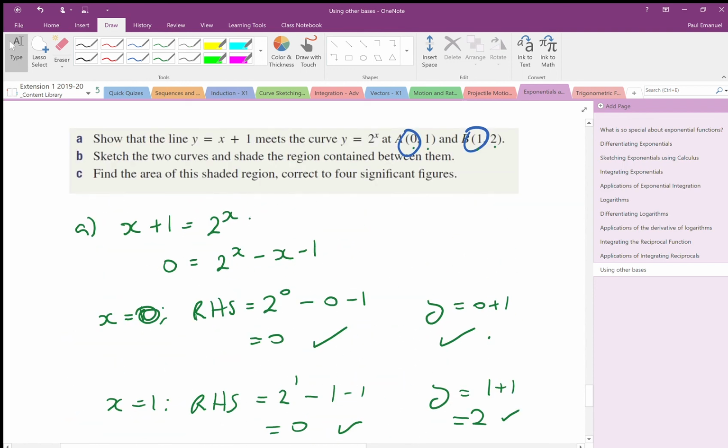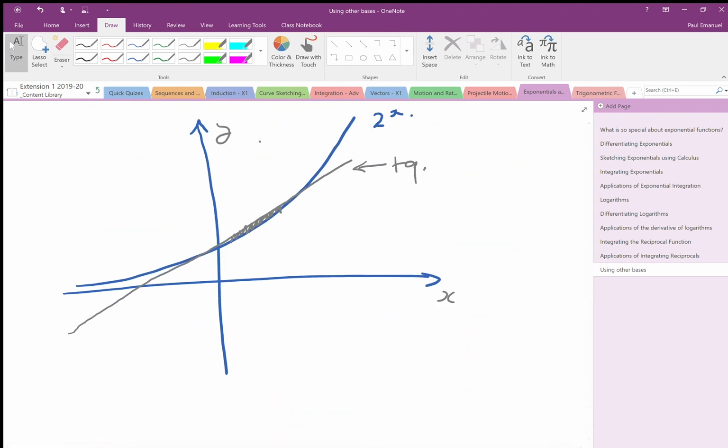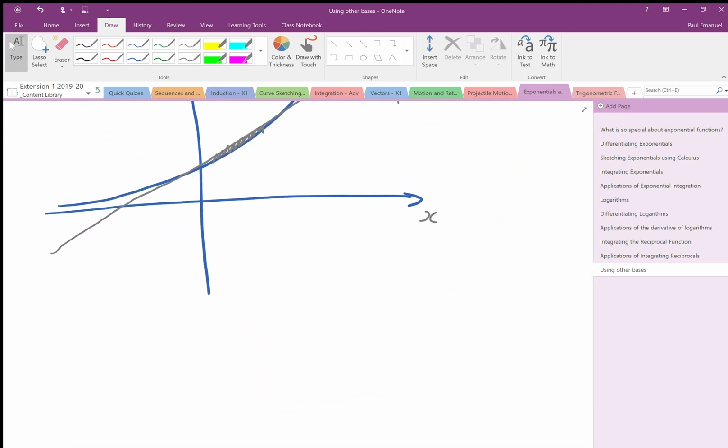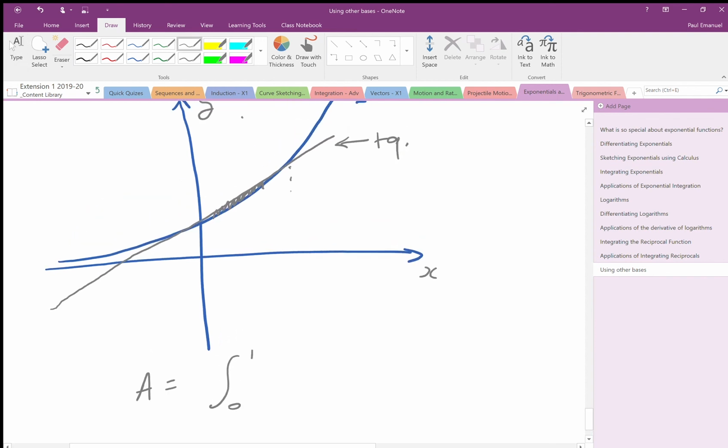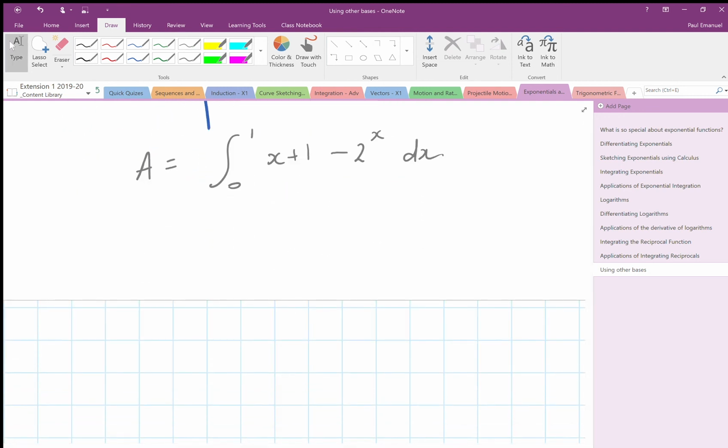It says find the area of the shaded region. So the area is the integral from 0 to 1, because that's where they intersect, of the top, which is x plus 1, minus the bottom, which is 2 to the x. So, just like we were doing before, we rewrite 2 as e to the log 2.